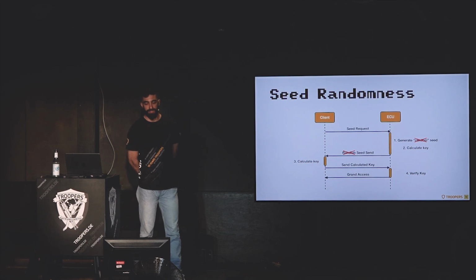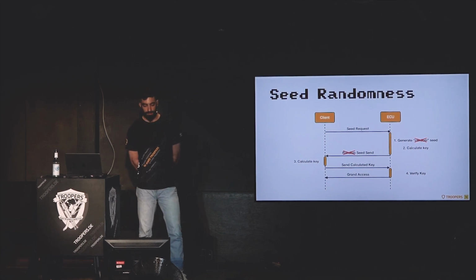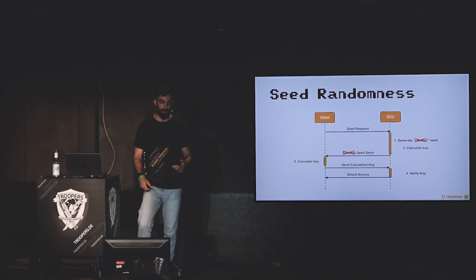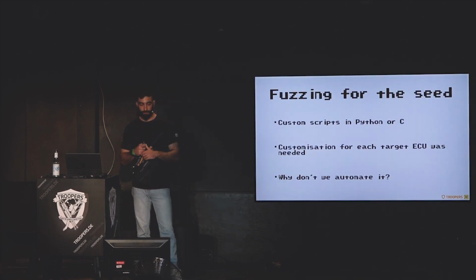And this, of course, makes our previous example vulnerable. The seed is not random, so if the seed can be guessed, we can also pre-calculate the key, or if we own a pre-calculated key, we can have access to the security access of the UDS. But let's find that seed.